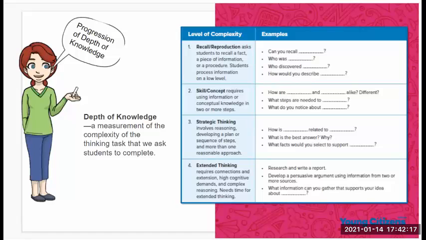And then level 4 is extended thinking. This is high cognitive thinking. Students will research and write a report, develop a persuasive argument using information from two or more sources, and then look at what information they have that supports the idea they're researching.